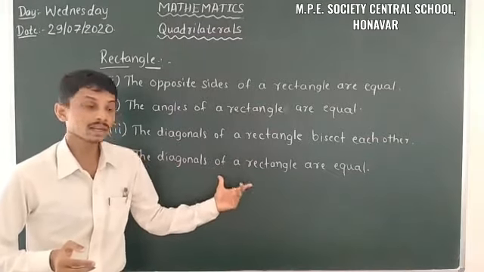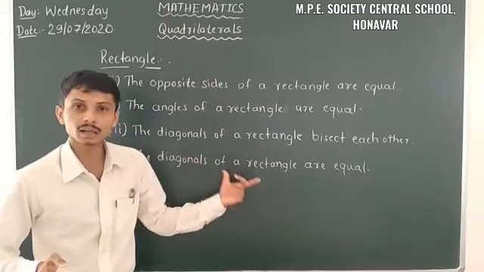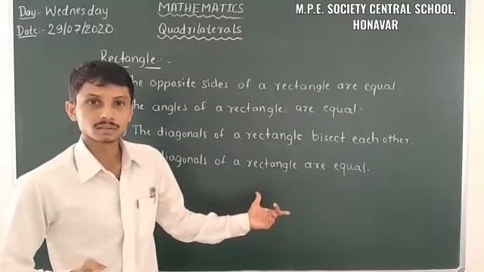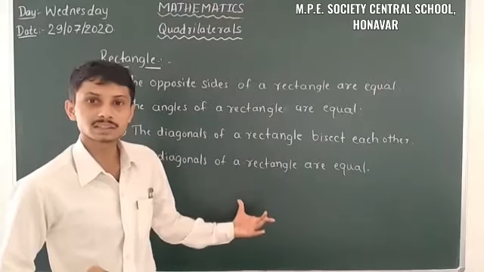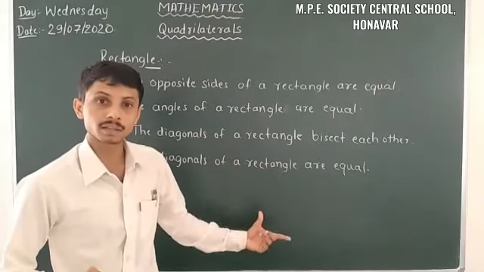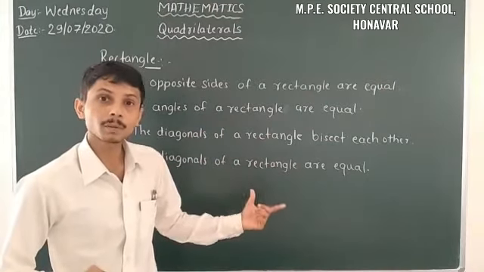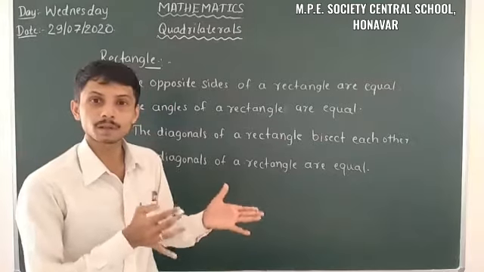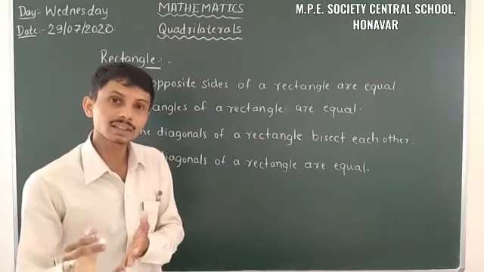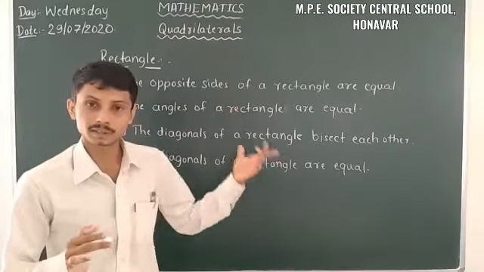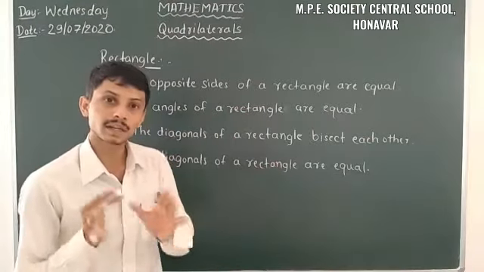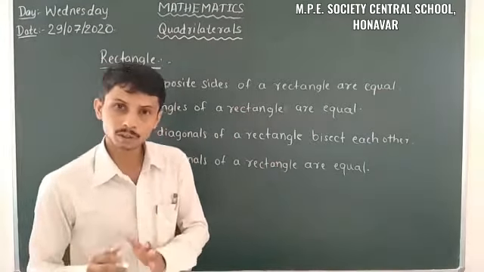Only one differs. From this fourth property, the properties of a rectangle differ from those of the parallelogram. But all the other three properties exactly match the properties of the parallelogram.